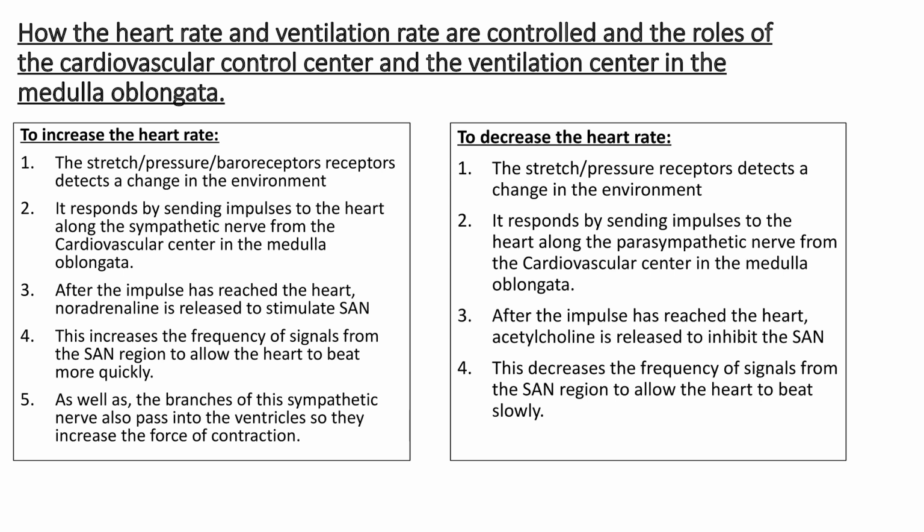After the impulse has reached the heart, a chemical known as acetylcholine is released, and this inhibits the sinoatrial node from increasing the frequency of signals. So this decreases the frequency of signals from the SAN region to allow the heart to beat more slowly. Hence, less blood is pumped to the body.